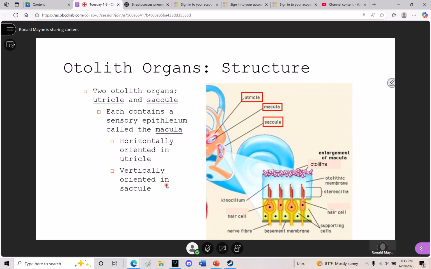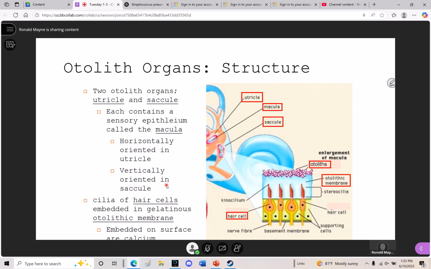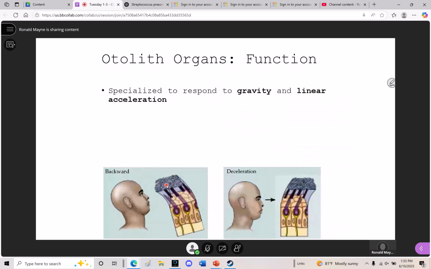The saccule will respond to up and down movement and side-to-side movement. Gravity and linear acceleration. Gravity is what's holding down those crystals.